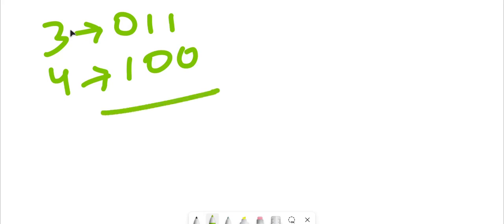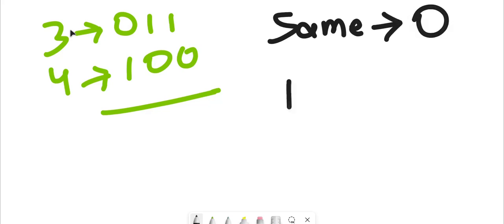Now the XOR operation: same bits will give 0 and different bits will give you 1.